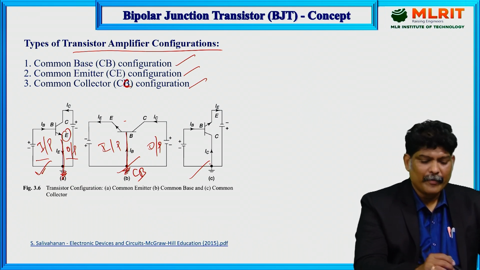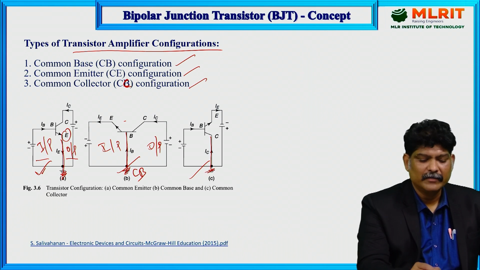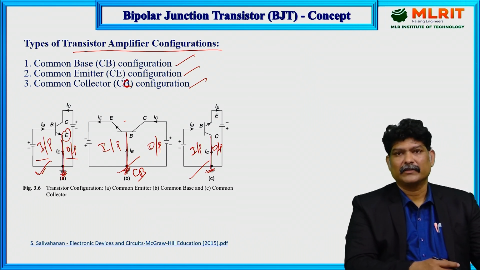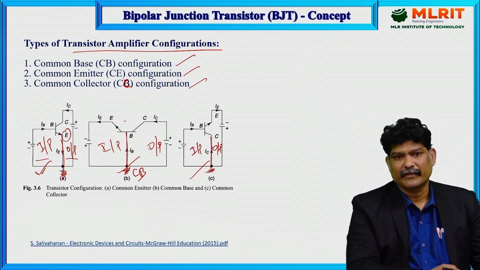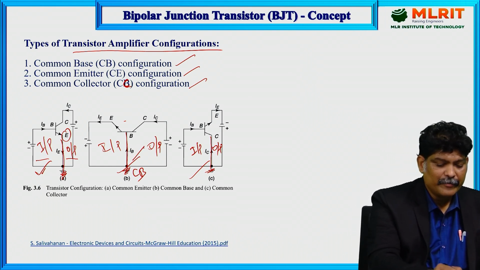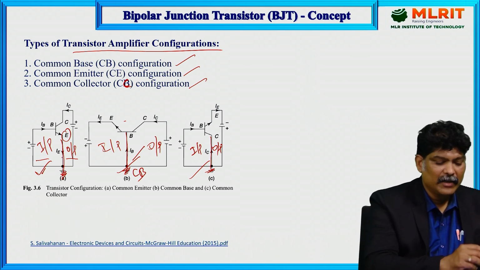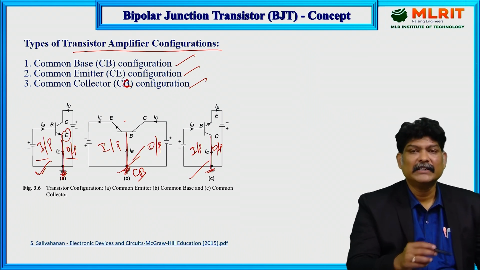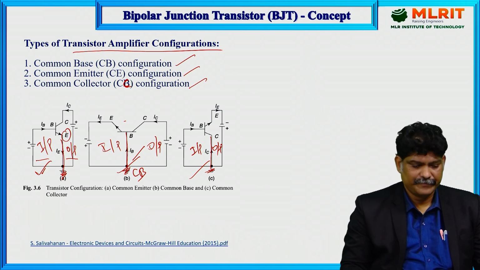Similarly, in common collector, the collector is common to both the input port and output port. In other words, the collector terminal is grounded. It is the grounded collector configuration. This is the grounded base configuration, and this is the grounded emitter configuration. So these are the 3 different configurations we have.